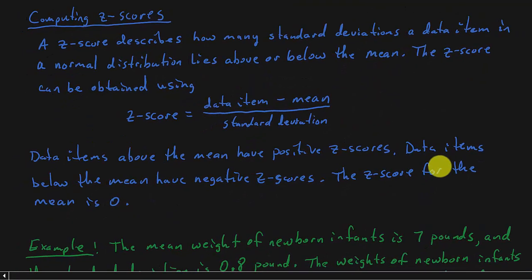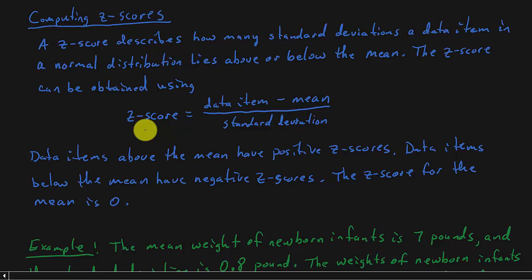Computing z-scores. Okay, so what this does is it shows us how to take a data item that we have, convert it to a z-score, and then we can find areas under the normal distribution like we were doing there. What we have to do is convert it to a z-score because we're going to look that up in a table.